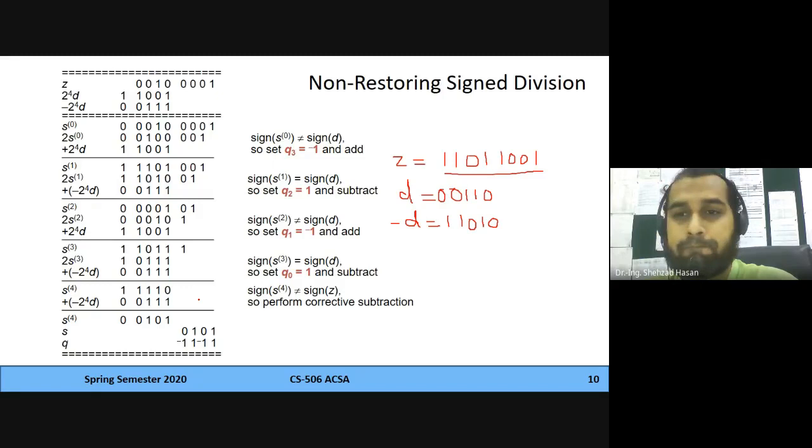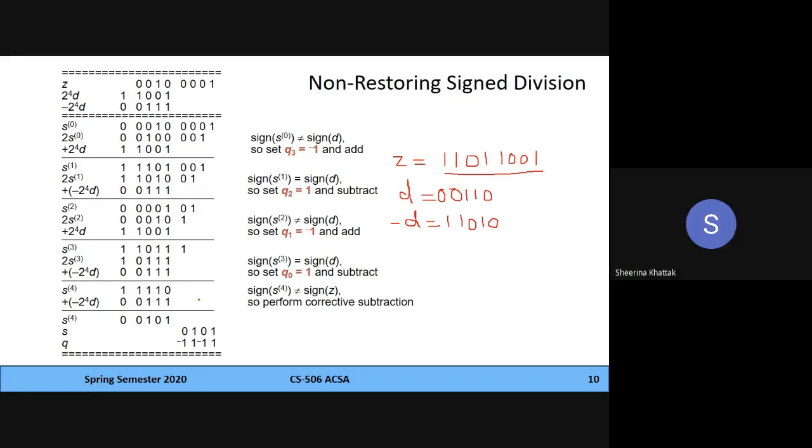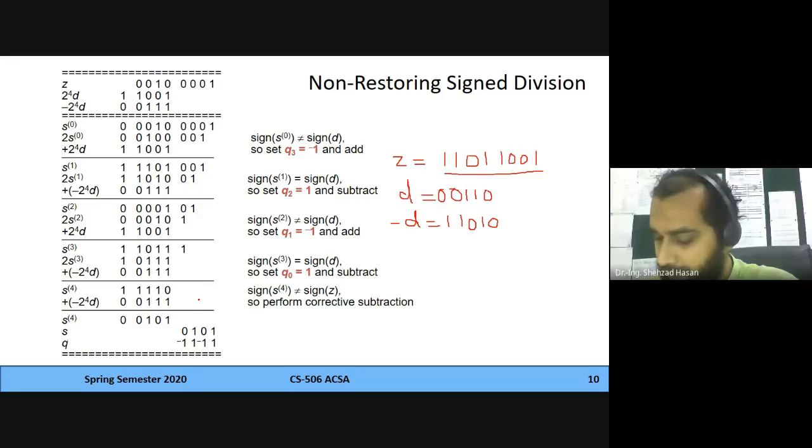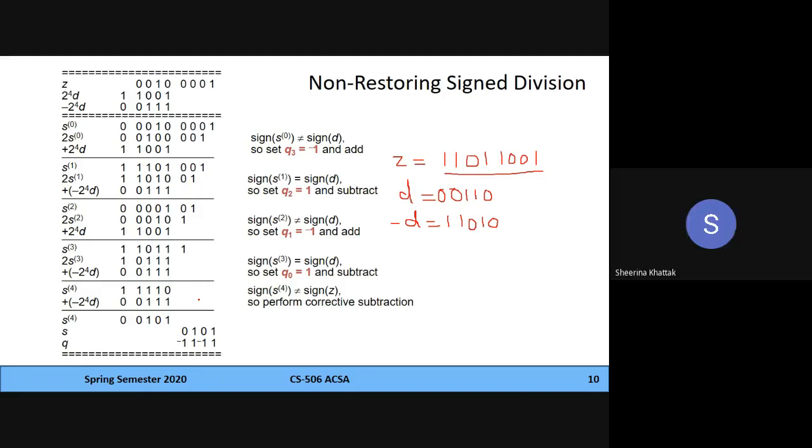So at the fourth step, I'm getting 10011. So do I need to do correction in this step? What are you getting? 10011 in S4.